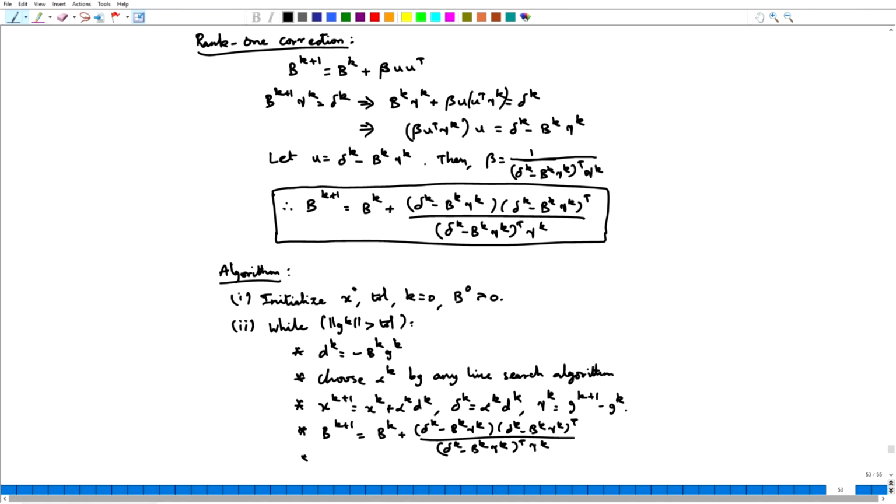And of course, k equal to k plus 1. You do this loop until norm g k is less than or equal to the tolerance, and finally output x star equal to x k. Okay. So, this is basically the rank 1 correction algorithm.